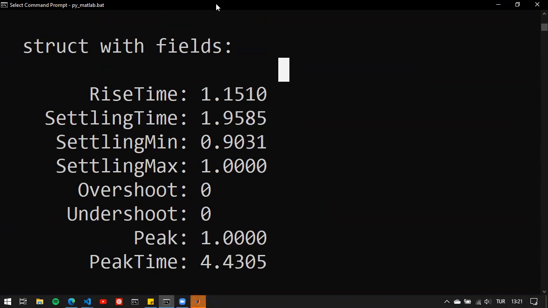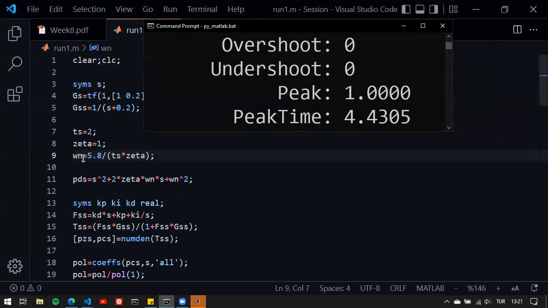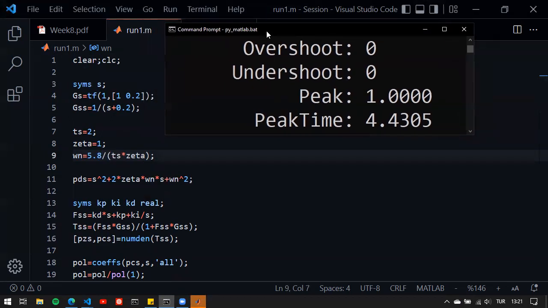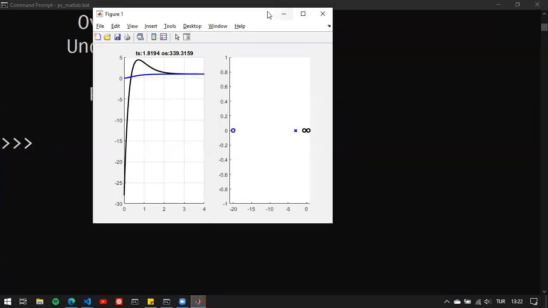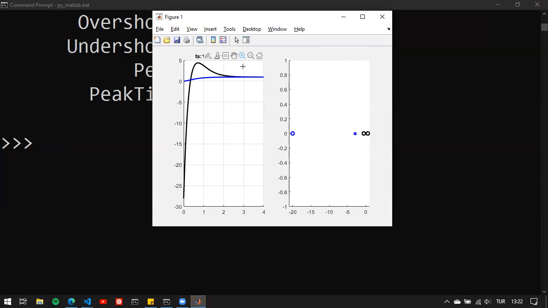You can use 4 divided by omega n in order to choose your poles, but you can also toy a little bit around with this. For critically damped, you can use 5.8 as an approximate settling time formula. For the first order, you know already that it is 3.91 divided by omega. So yeah, that's not really what I am trying to mention here.